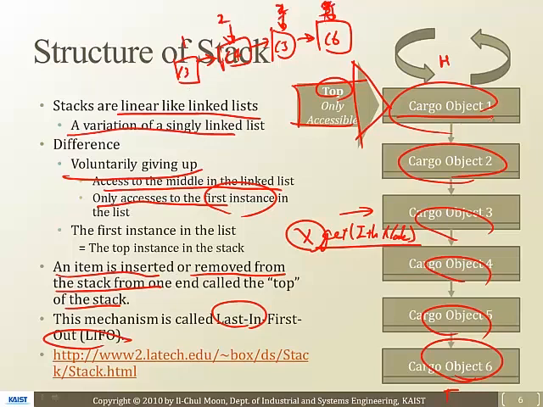So this cargo object 1 would be the first one, at the first node, and then second node, third node, fourth node, fifth node, and sixth node.